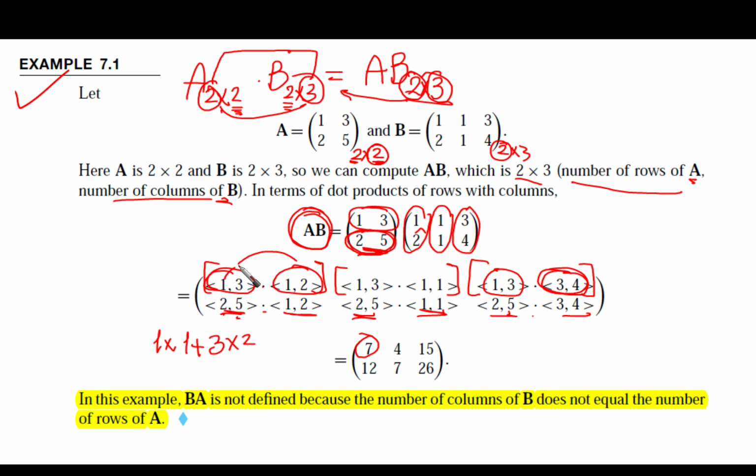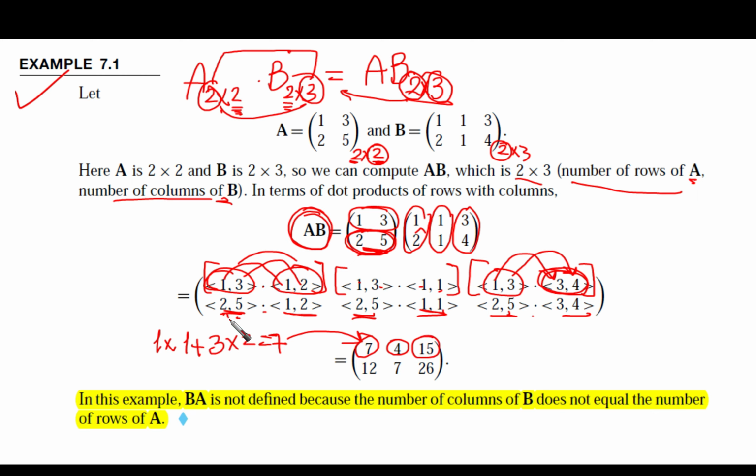This is 1 times 1 plus 3 times 2, so it gives us 7, which is this element. The second element is going to be 1 times 1 plus 3 times 1, so it's going to be exactly 4. And the third element is going to be 1 times 3 plus 3 times 4, so it gives us 15.